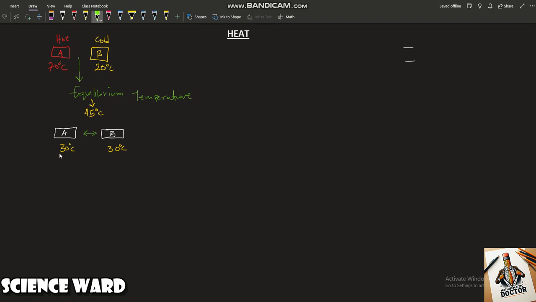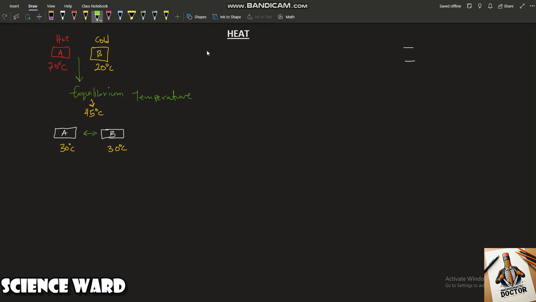That is, the temperature of A remains 30 degrees Celsius and the temperature of B remains 30 degrees Celsius. Since there's no temperature difference, there will not be a flow of energy. But in the earlier case, there is a temperature difference and therefore there is a flow of heat energy.